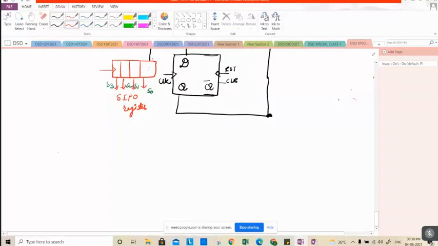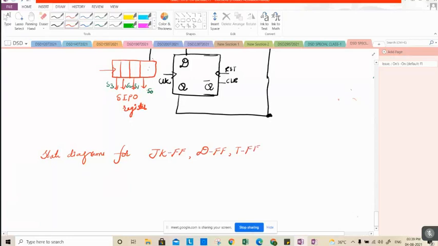Right, now a small assignment for tomorrow's class. I'll stop this session here and I want you to draw state diagrams for JK flip-flop, D flip-flop and also T flip-flop.